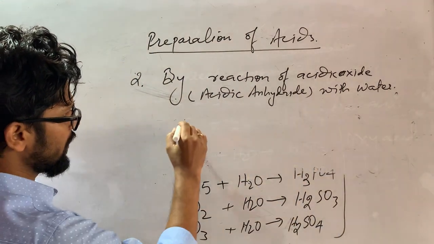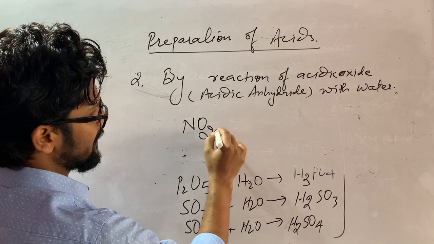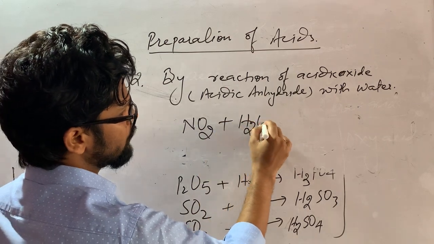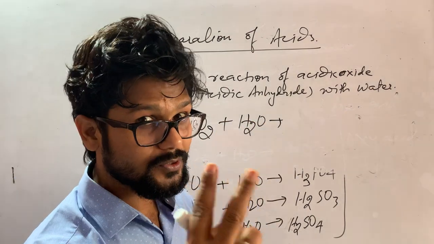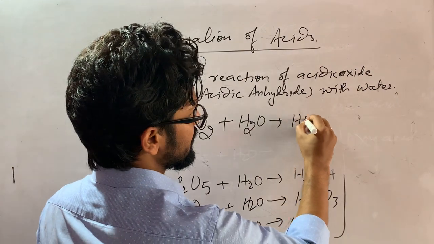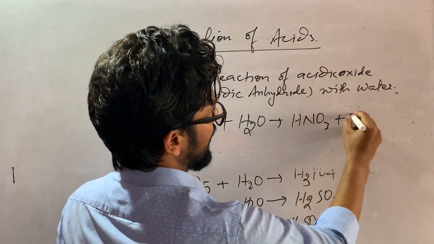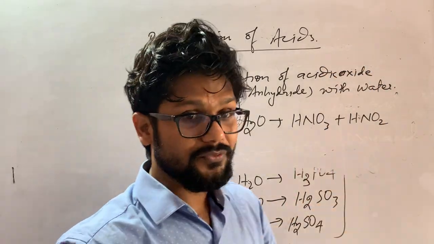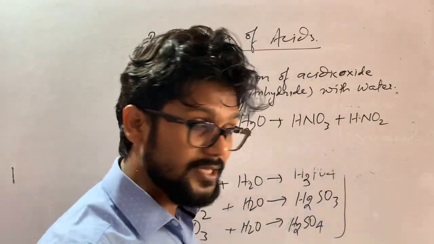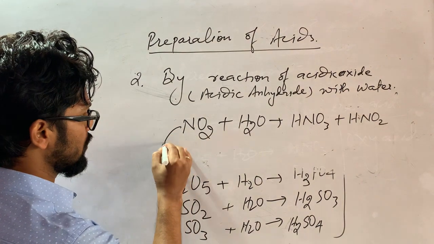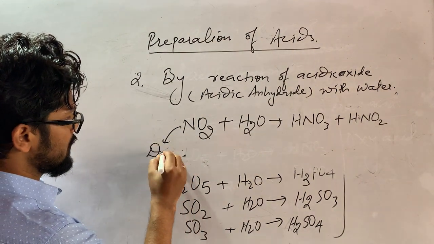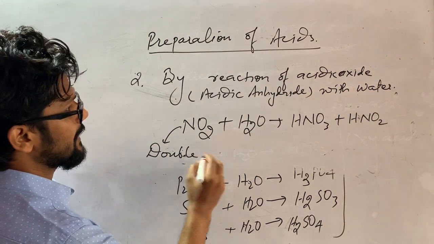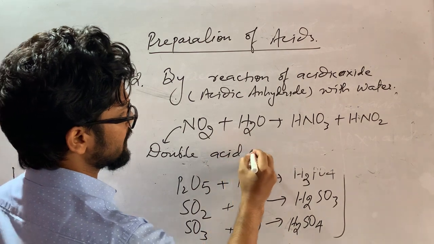When nitrogen dioxide reacts with or dissolves in water, it gives two types of acid, that is nitric acid and nitrous acid. This is why it is called double acid anhydride.